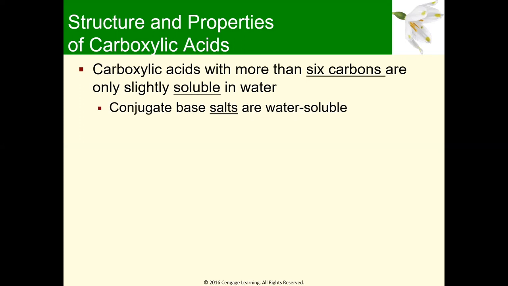But the other interesting thing is, and we've actually had some practice with this, that I'll talk about in just a minute, if you create that negative ion by stripping away that acidic hydrogen and make a salt, so you've got a positive ion and a negative ion, those are water soluble. So the conjugate base salts of carboxylic acids are water soluble.